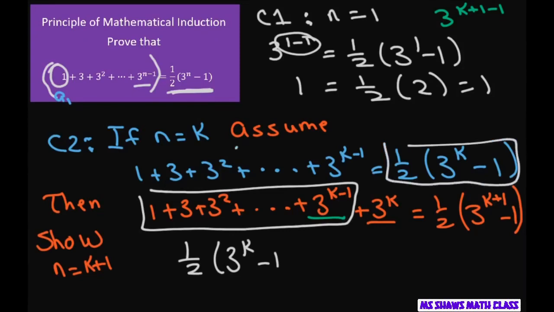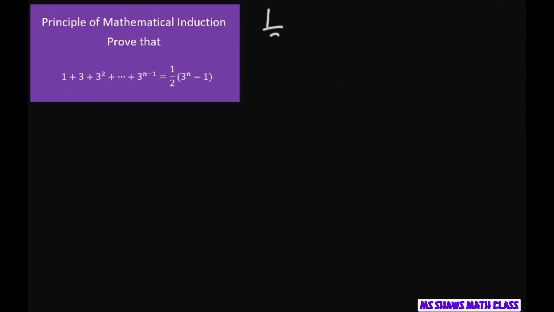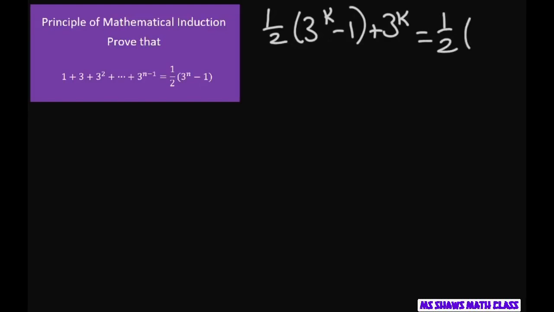That's based off our assumption line. And then you're going to add your plus 3 to the k, and it has to equal this. So basically we have 1/2 times (3 to the k minus 1) plus 3 to the k has to equal 1/2 times (3 to the k plus 1 minus 1), like that.